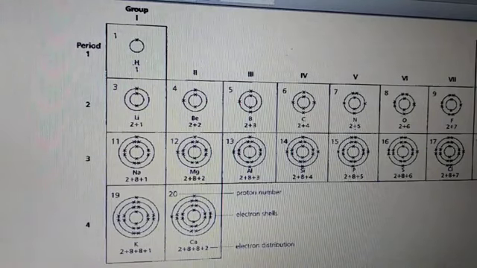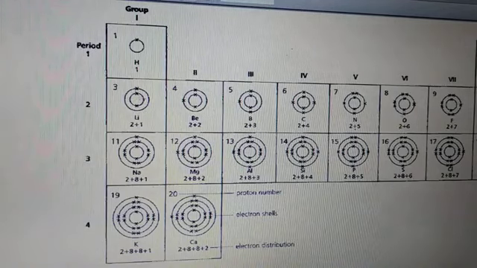We have 1 electron for hydrogen, 3 electrons for lithium. But the 3 electrons cannot all fit on the first shell. Remember, we said the first shell gets filled with only 2 electrons, right? So the first shell will have 2 electrons, and the second shell will have 1 electron, like that.